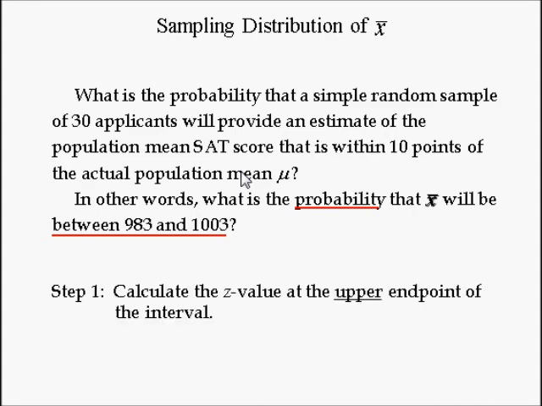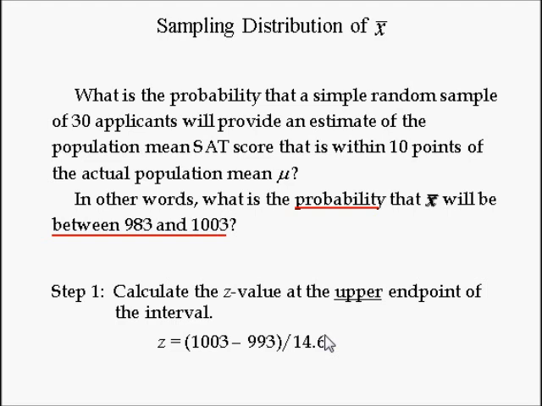In step 1, we need to calculate the z-value at the upper endpoint of the interval, 1003. The z-value is equal to the difference between 1003 and the population mean, 993. If this was a problem from Chapter 6, we would divide the deviation in the mean, 1003 minus 993, by the population standard deviation of 80.